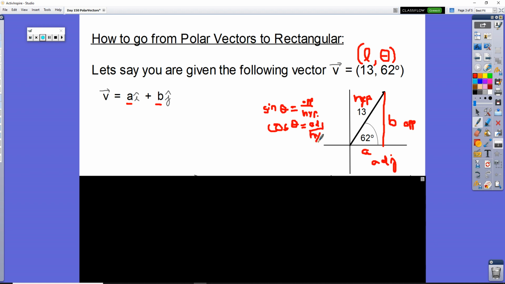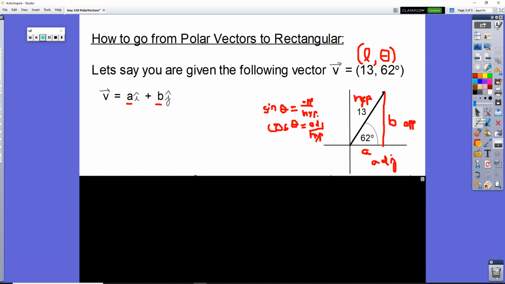So if we were to take these two formulas and multiply through both sides by hypotenuse, you would figure out that your opposite side, which is going to be your b value, is going to be hypotenuse times sine. And your adjacent side, which is your a value, is going to be hypotenuse times cosine. And remember, the hypotenuse was the total length that you know, and the angle is also something that you know.